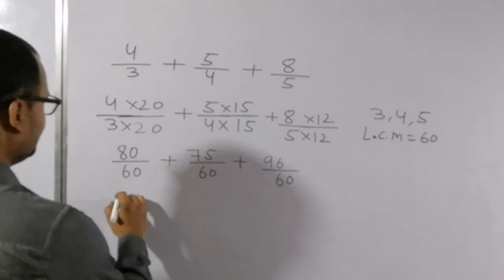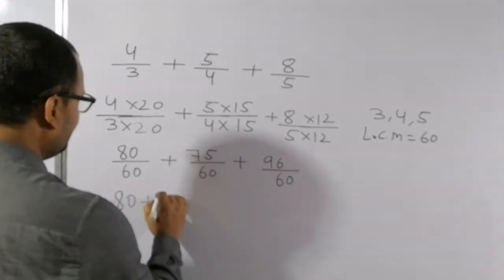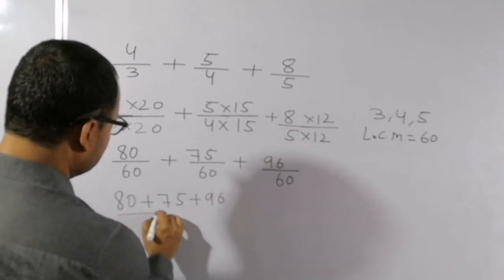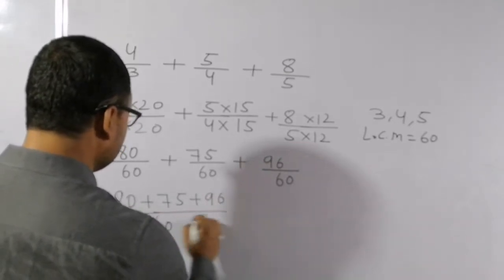Now what we are going to do, add the numerators. 80 plus 75 plus 96 by 60.